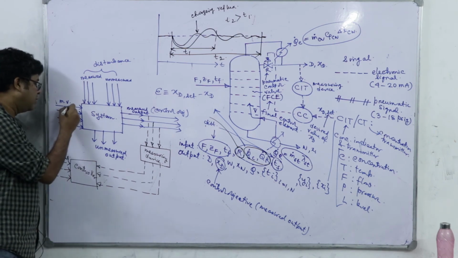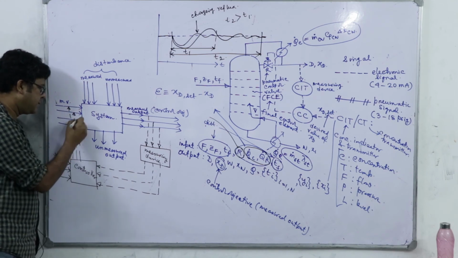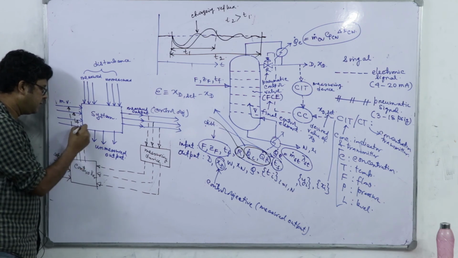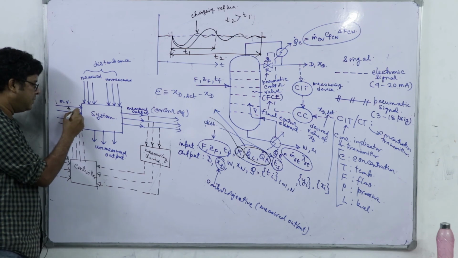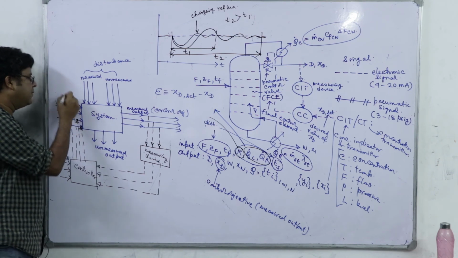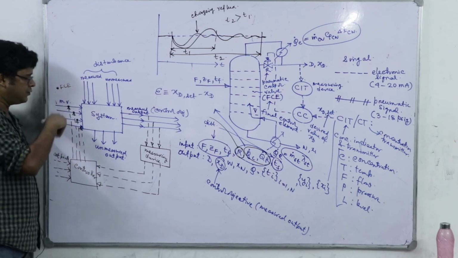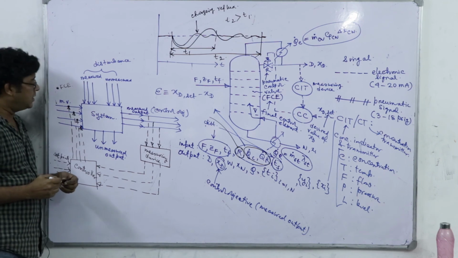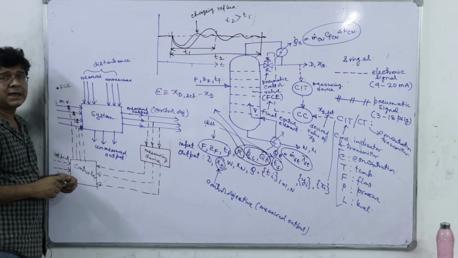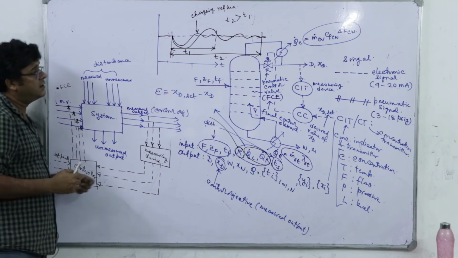So from the controller, the signal will be going to the measuring device, and at each junction we have final control elements. So these dots are final control elements, right, where the controller's decision will be implemented on the physical manipulated variable line. Like there it was a flow rate, right.